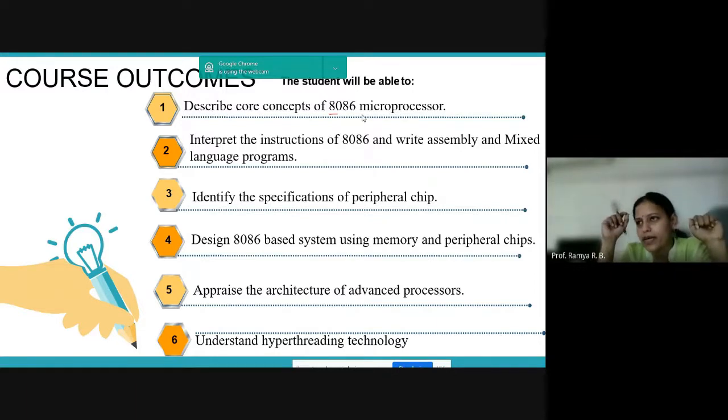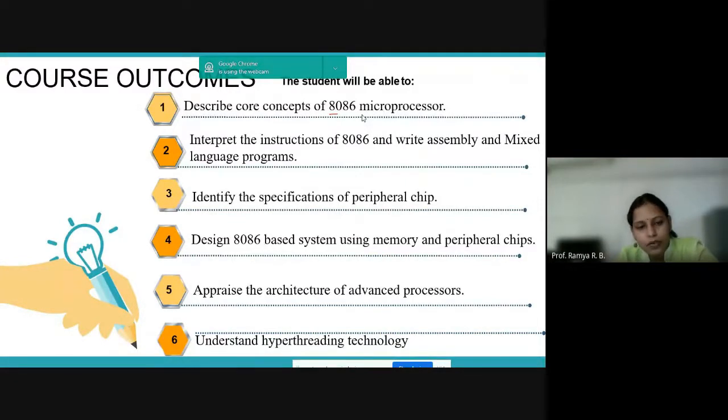For example, if I'm writing a mixed language program to manipulate the cursor movement, the mouse cursor. If I want to write a program where, depending upon the input that I'm giving, the cursor should move left, right, up, down, I can go for a mixed language program.